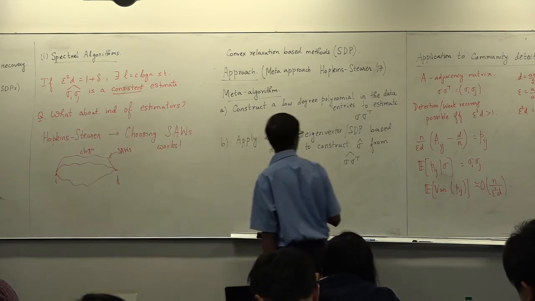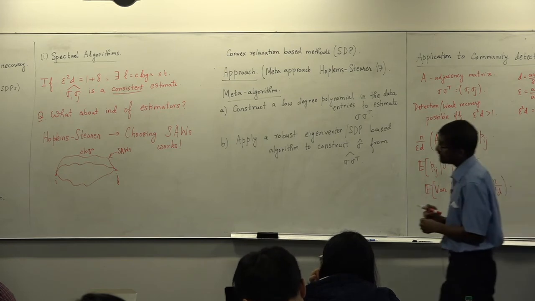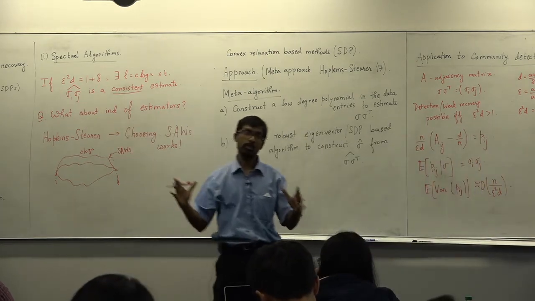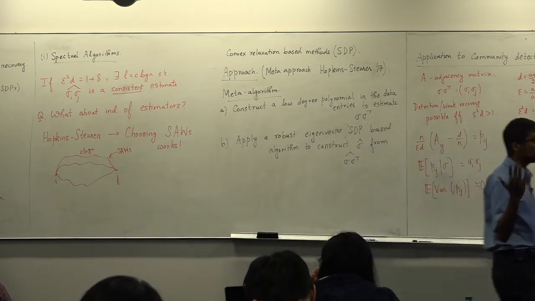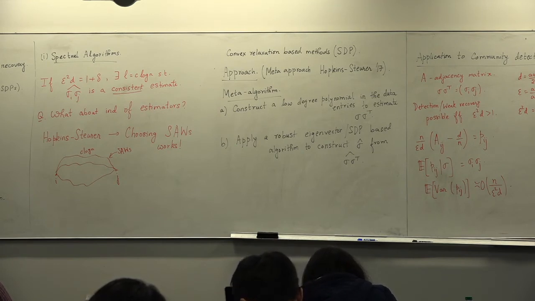For each such path, you calculate these estimates just by multiplying these things along the edges. Average all these estimators. Whatever you get becomes the ijth entry of your matrix. And then you do some robust spectral or SDP-based algorithm. And they prove that this will give you weak recovery.